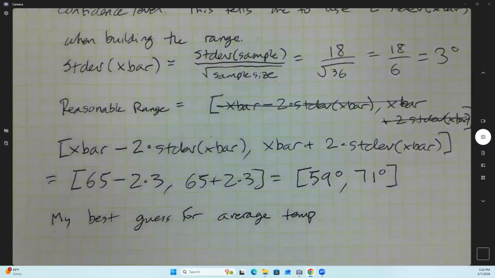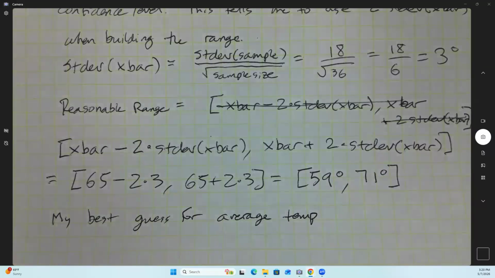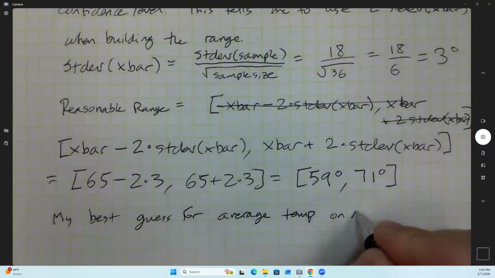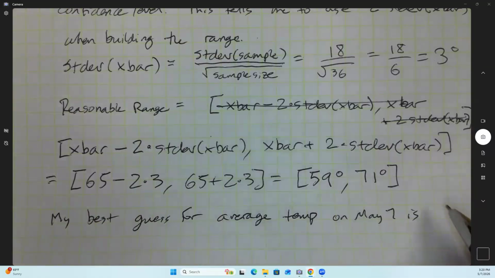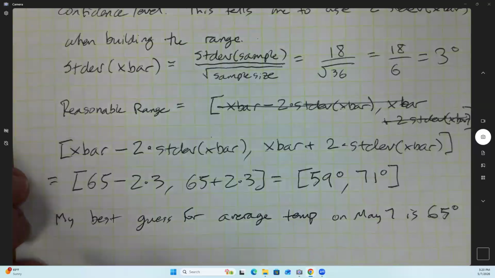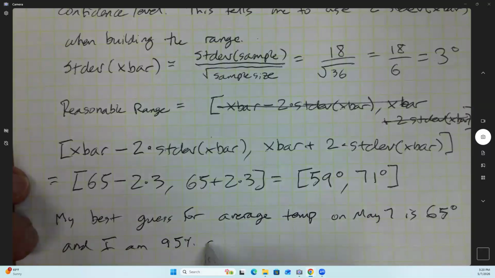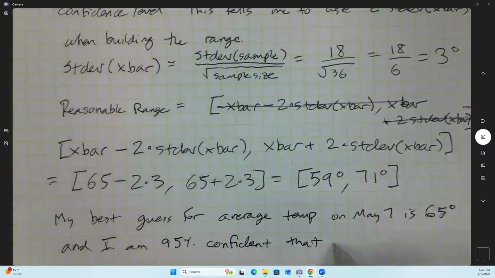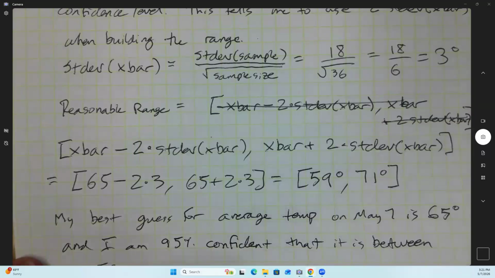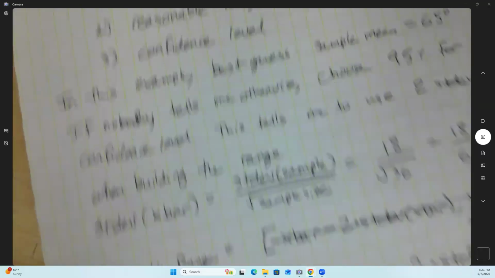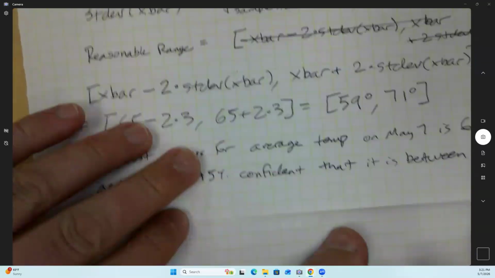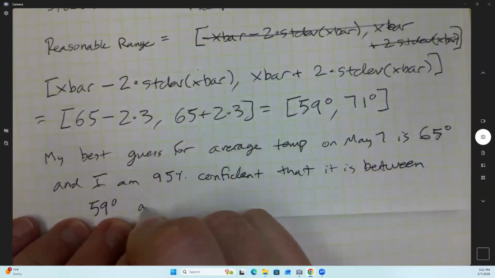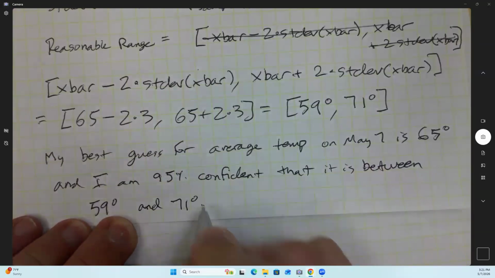So to put this in a sentence that a non-statistician might appreciate, my best guess for the average temp on May 7 is 65 degrees, and I am 95% confident or sure that it is between 59 degrees and 71 degrees.